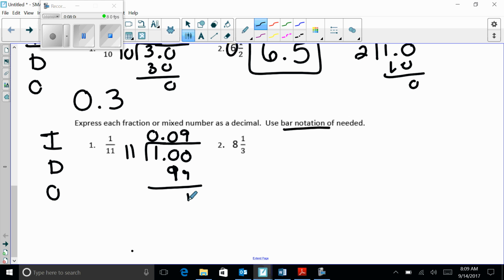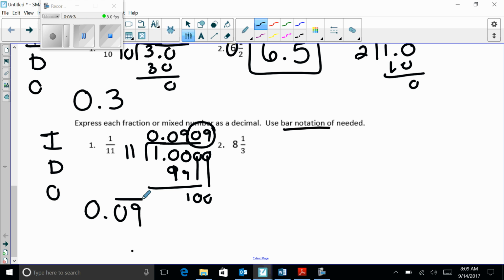So that gives me a 1. Add another 0, bring it down. 11 does not go into 10, but it will go into 100 9 times. So what you should see here is that your 0 9 is going to keep showing up if we keep dividing. So therefore, to write it with bar notation, 1/11 is 0.09 repeating. So only the repeating bar goes over the 0 and the 9.